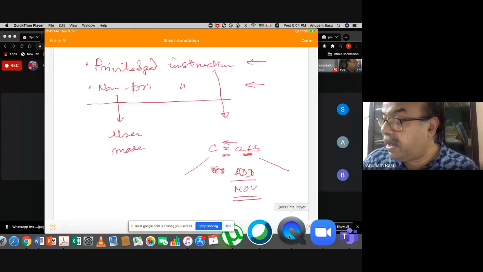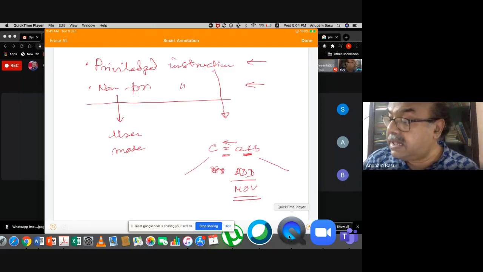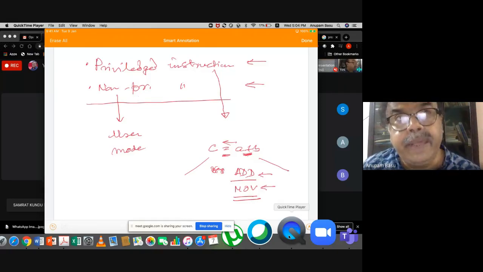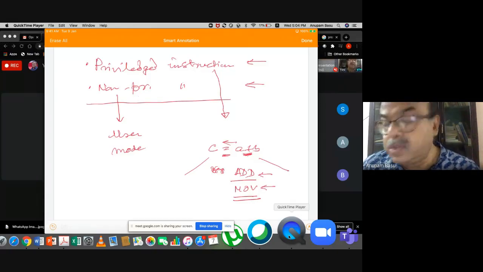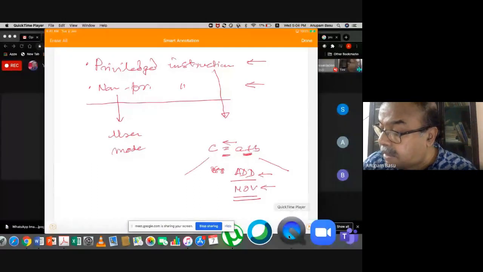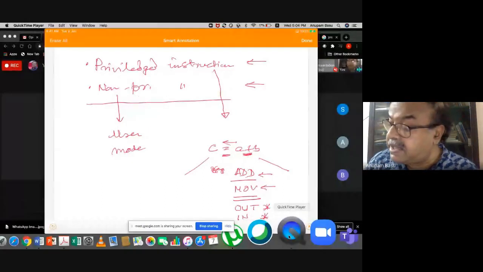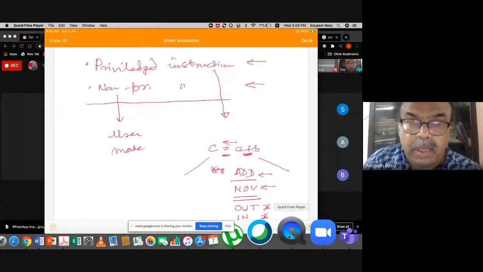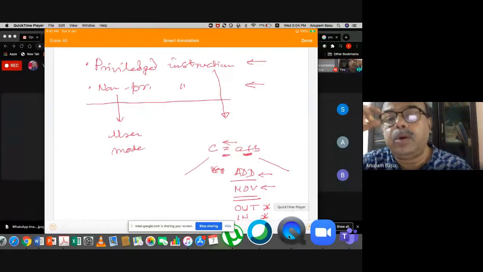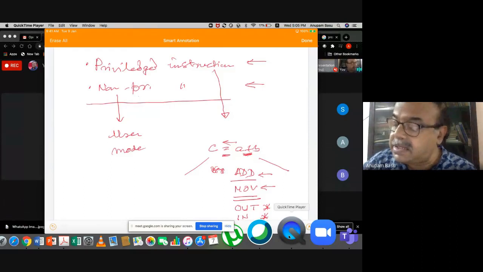These are instructions which can be executed in the user mode. But if there is something like in or out, these sorts of instructions are privileged instructions.